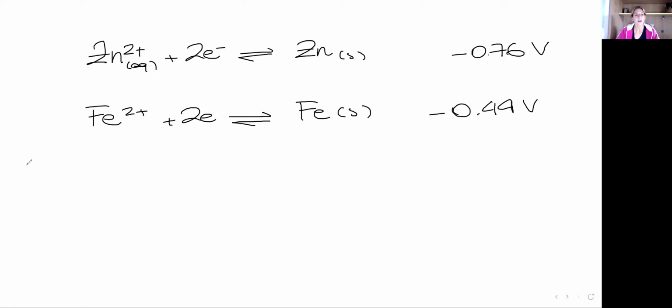Because the goal is to combine these two equations. Of course, one will be reduced and one will be oxidized to give an overall equation. Try. So Zn, let's do the thinking process together.